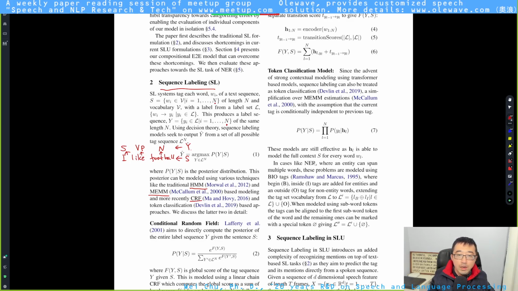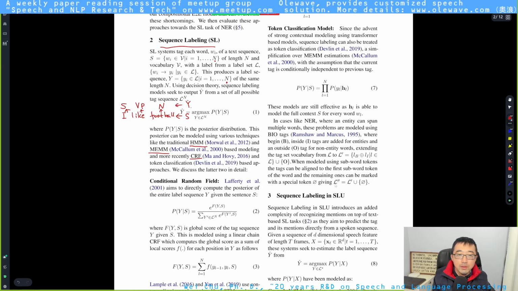I can give you a quick comparison between these things. For the HMM, they assume that Y generates the S. But given each YL, the SL are conditionally independent of the future and the past.